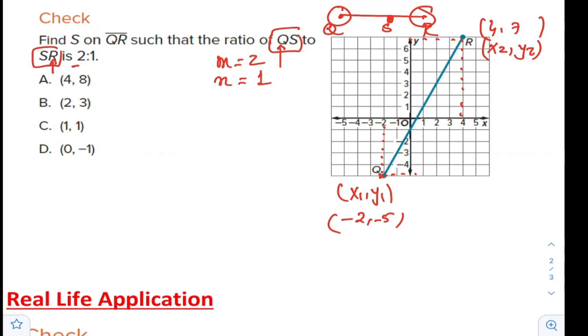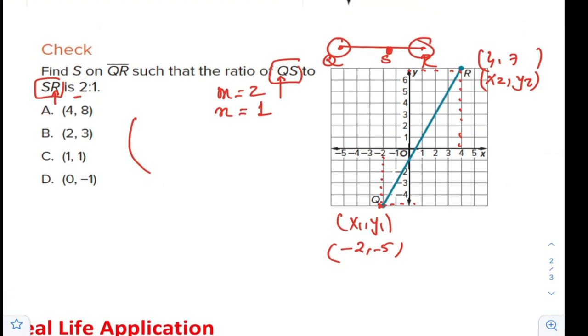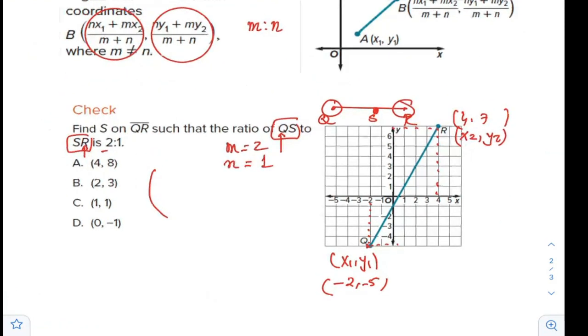Let's apply the formula. What was the formula? If you remember, this is the formula. Nx1, so it is 1 times x1, which is -2, plus mx2, so it is 2 times 4, over m plus n, so you are adding those.